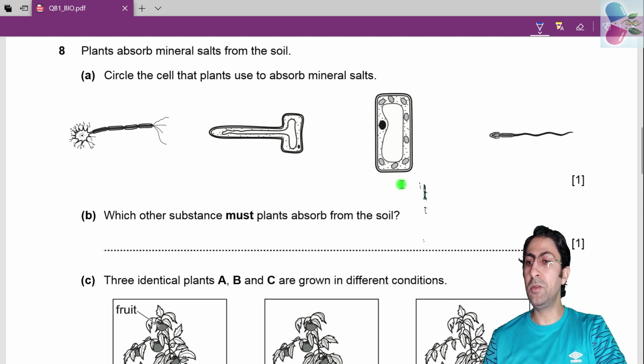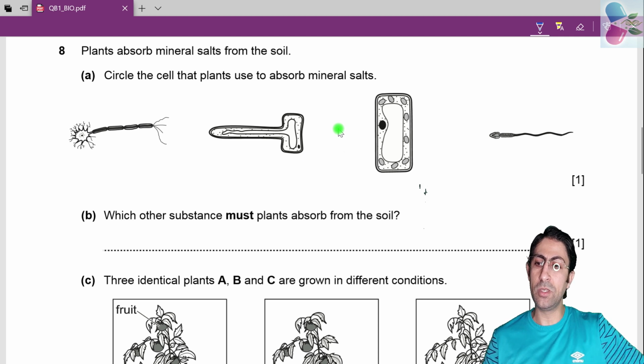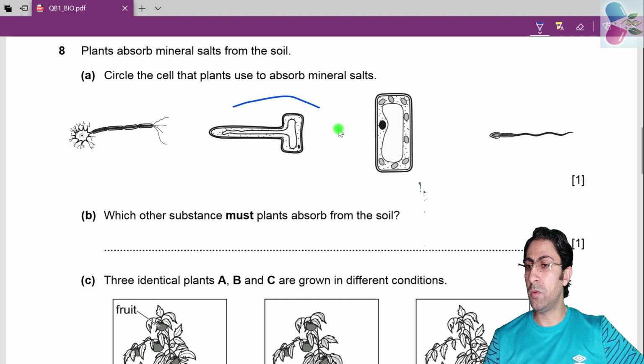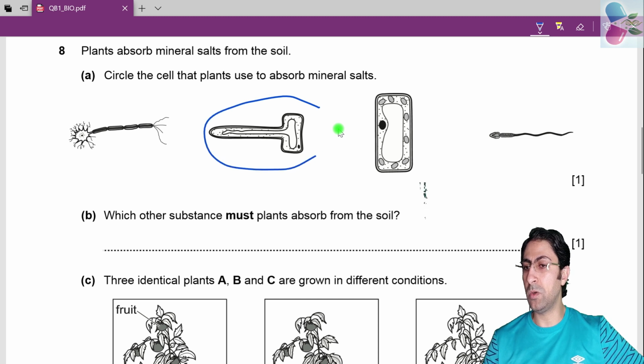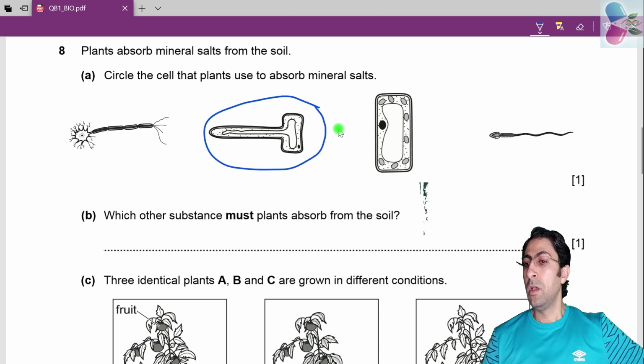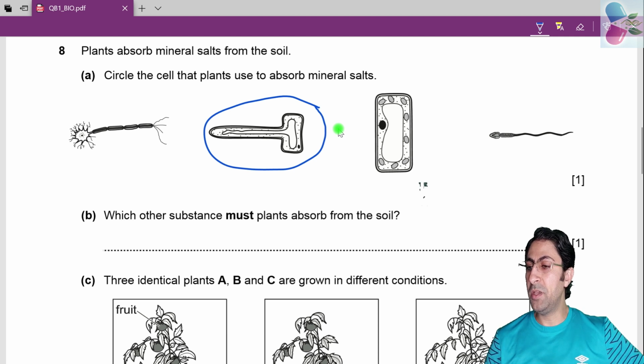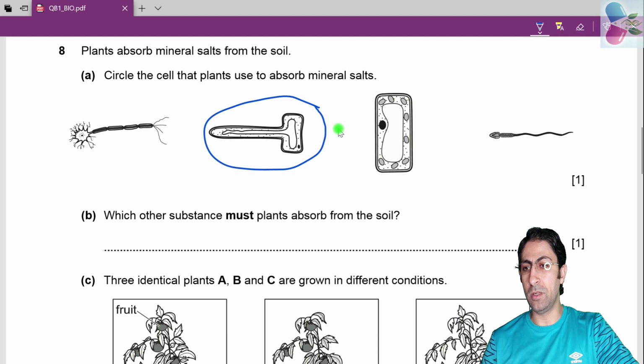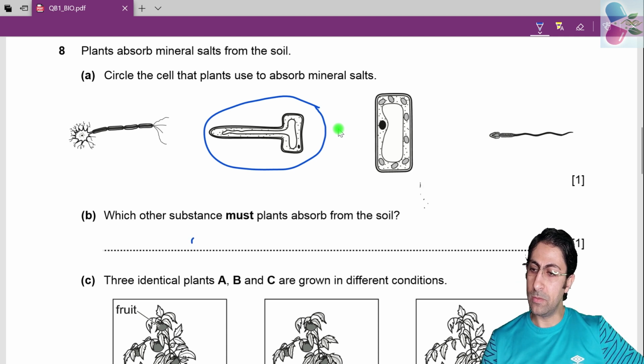Surely the cell that the plant uses in order to absorb the mineral salt is the root hair cell, and this is the structure of the root hair cell. You took this in grade 7 in checkpoint science 1. After this, question B, which other substance must plants absorb from the soil? In addition to the minerals, yes, plants need water.